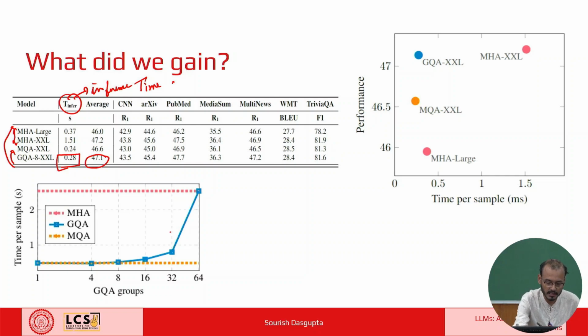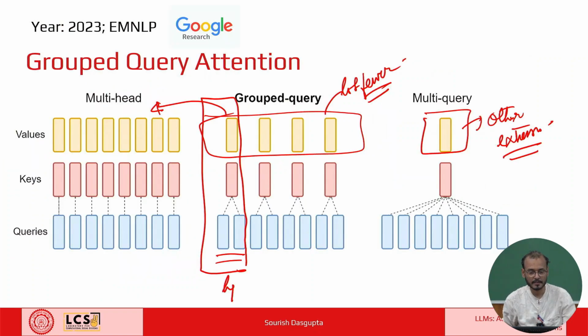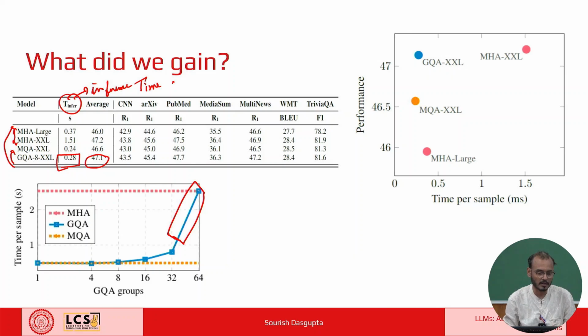And the time only starts increasing from here onwards, which means the groups. So how many groups? If the group size is small, then definitely you will end up getting more of these yellow values. This will increase. Or rather, if the number of groups is large.